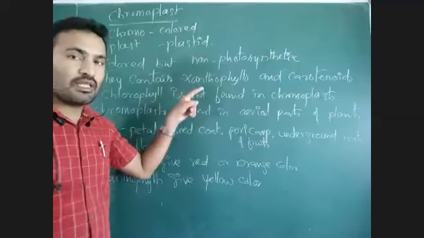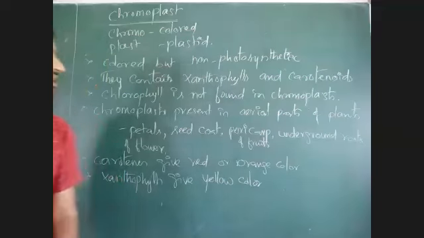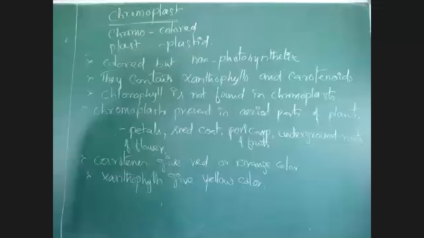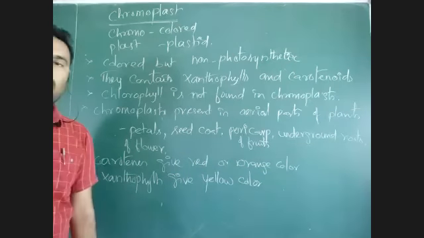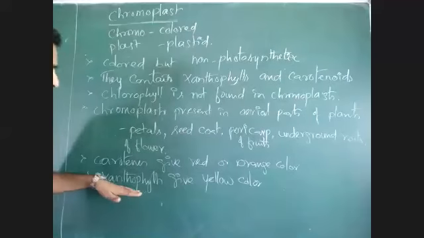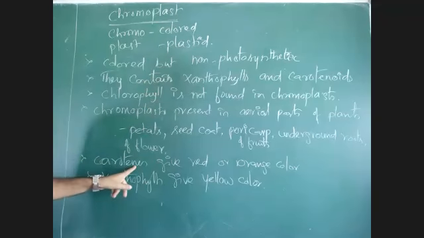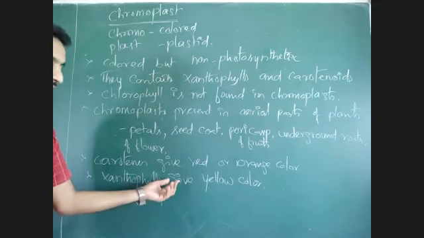Brown or any other color is due to a combination of these. Xanthophylls and carotenoids may combine in different ratios, and different combinations mean a change in color. Suppose xanthophyll is more and carotene is less, then that will give one color.